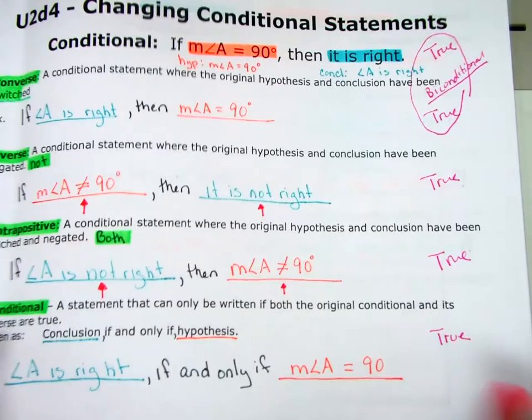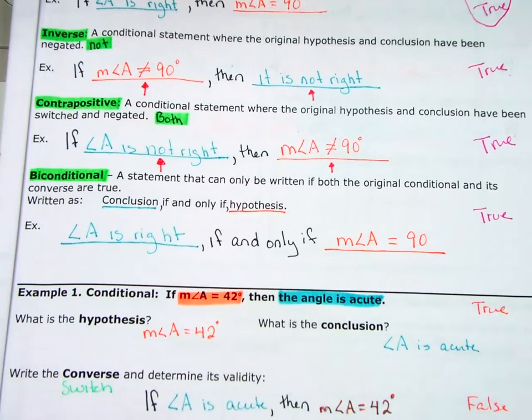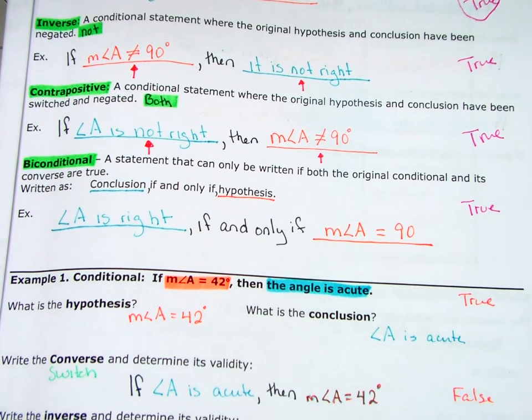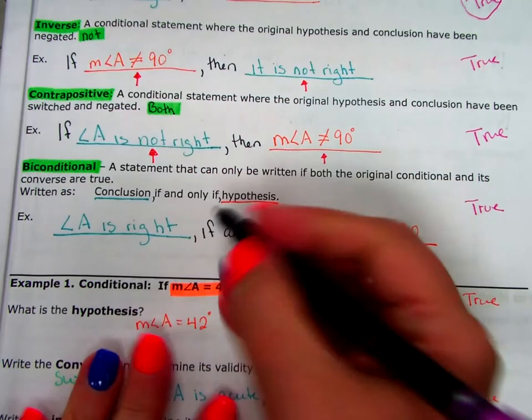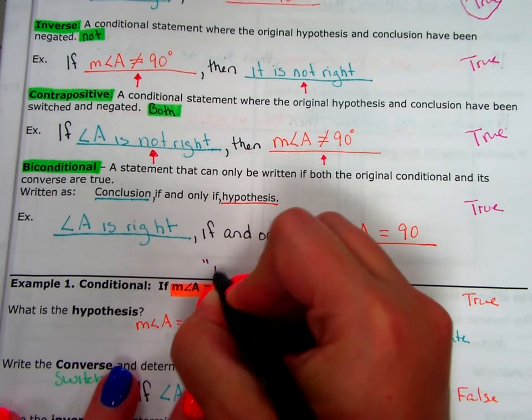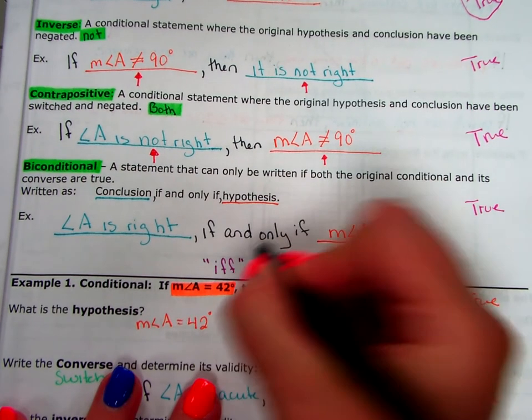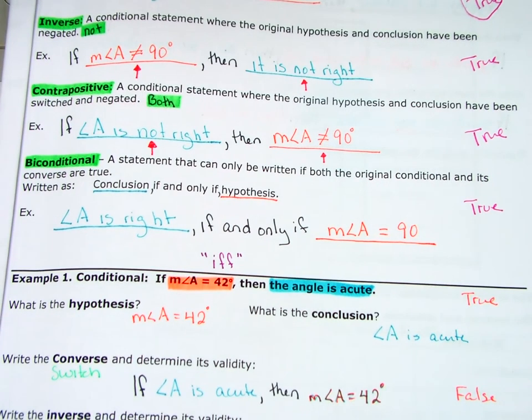Hypothesis. Ooh, I did want to add something. Go to the other side of the notes real quick before you start writing that. Sometimes, mathematicians, when we can abbreviate, we really like to abbreviate. So sometimes you're going to see IFF in a sentence.